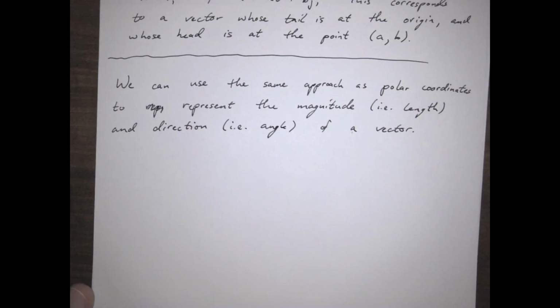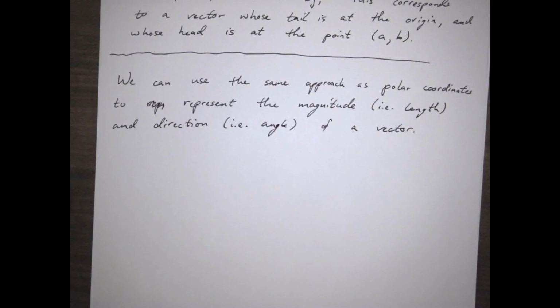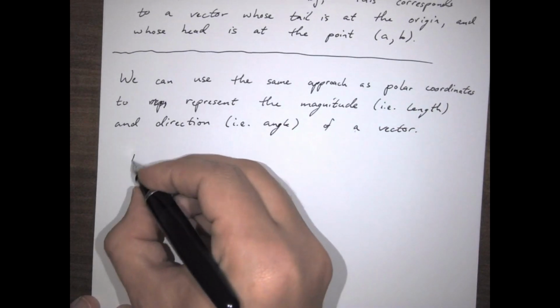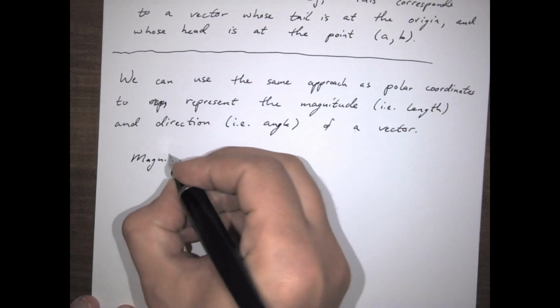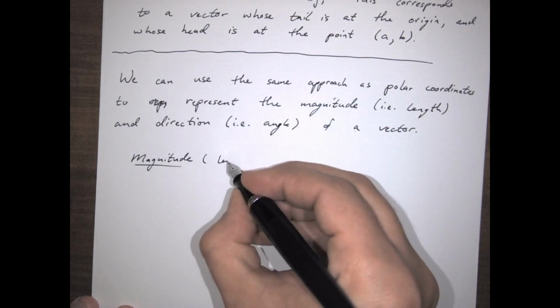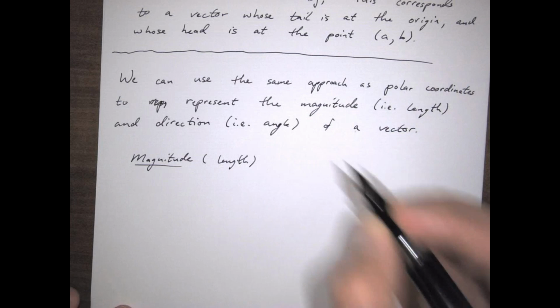So the notation that we use for the magnitude of a vector is very similar to the absolute value sign. The magnitude, in other words, the length.